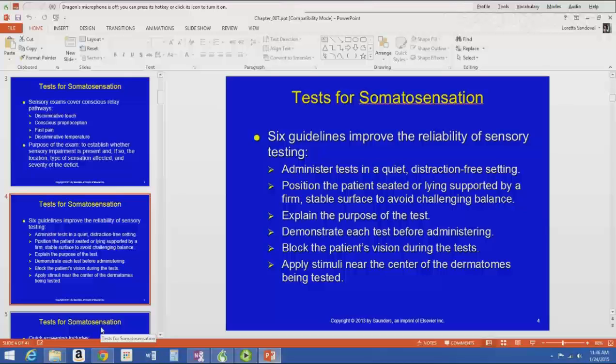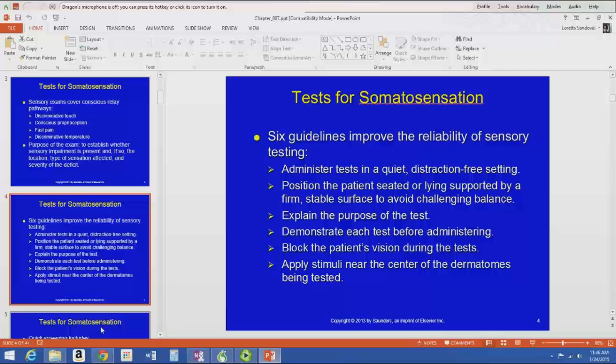So the sensory exam uses those conscious relay pathways to test those different things and see if we have sensory impairment present. So we talked about this summer, guidelines for improving the reliability of your sensory testing. We want to administer the test in a quiet, distraction-free setting. We want to position the patient in a supported position, either seated or lying, so we're not going to challenge their balance. They're not going to be worried about that. They can concentrate on the sensory information. We want to educate the patient by explaining the purpose of the test and demonstrate each test before we administer it.